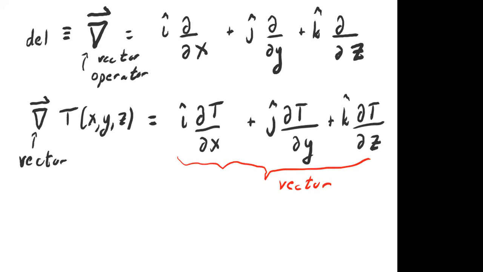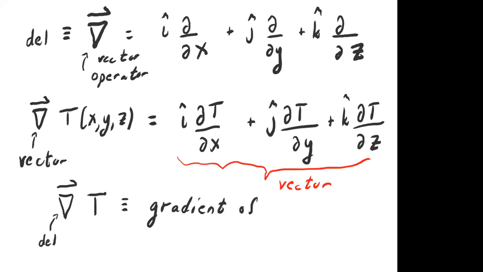So another definition, del acting on t. t is a scalar function. Del is a vector operator. When you take del, which is a vector, and act on a scalar function, you get a vector function. This thing has another name called the gradient of the scalar function t.